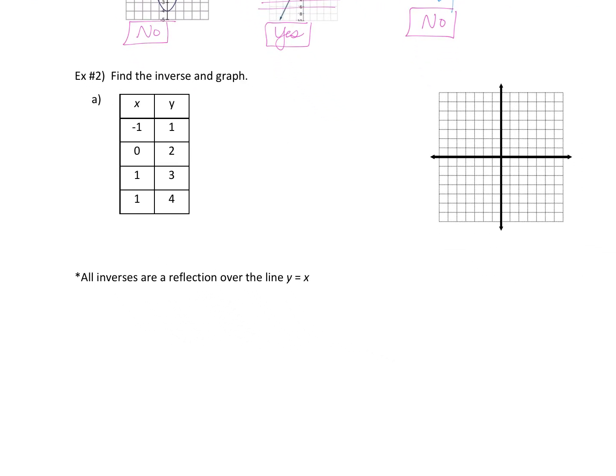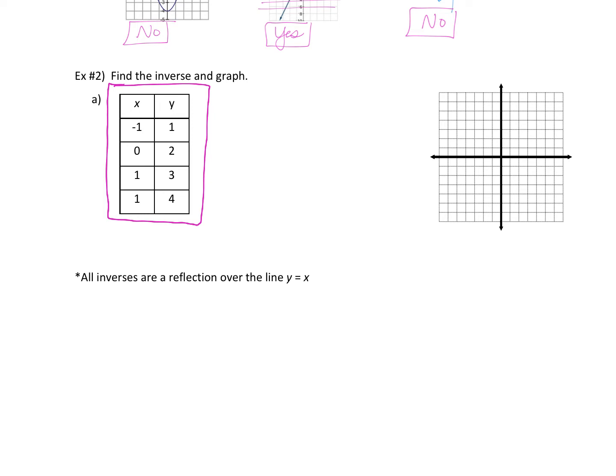Example 2 here. We are going to find the inverse, and we're going to graph it. Okay? First of all, is this first set of information a function? Yeah.